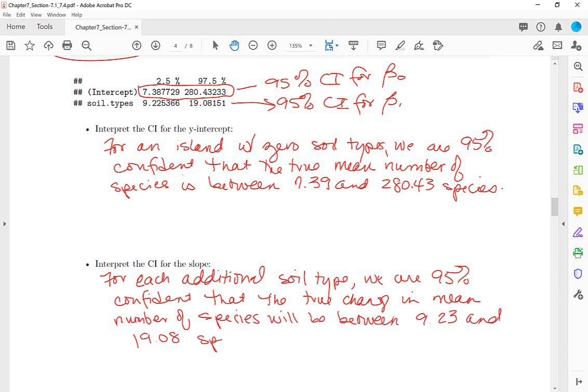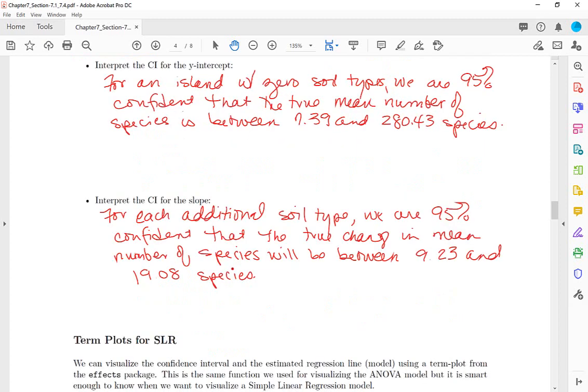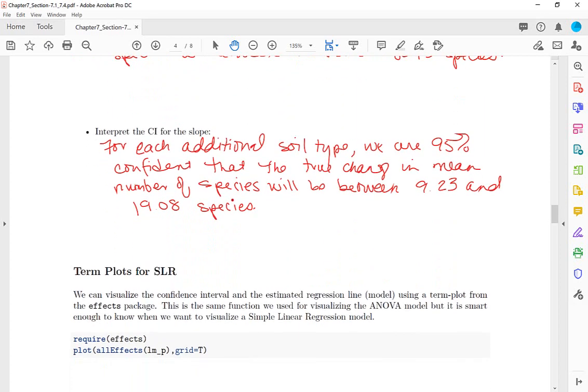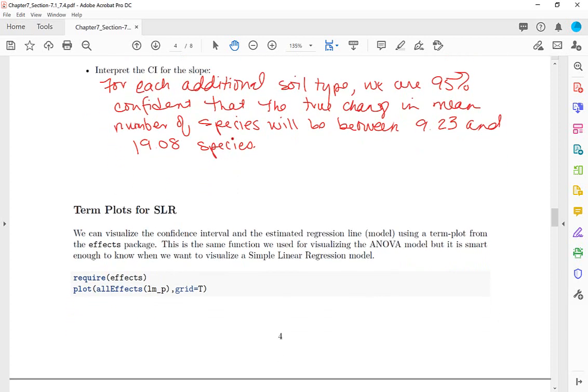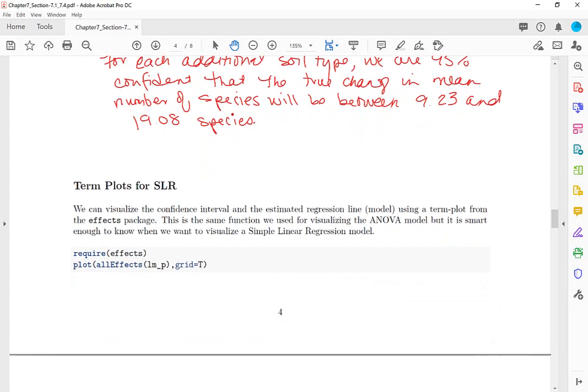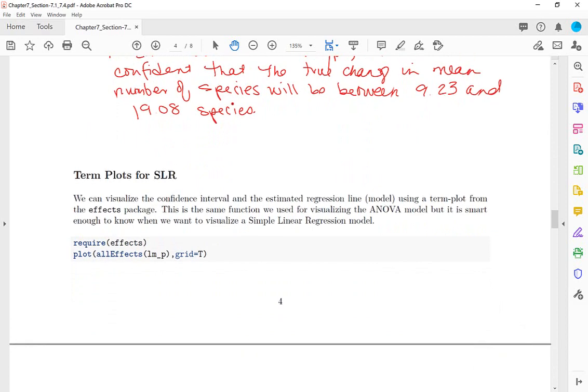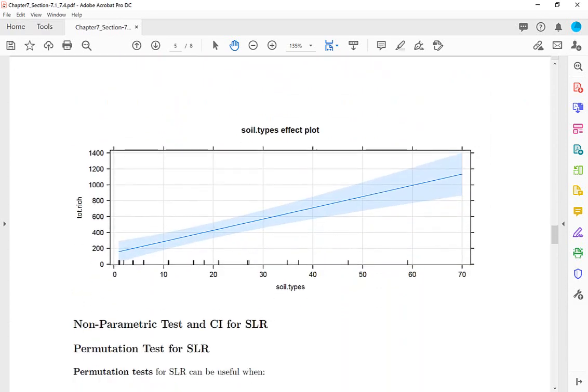We can also visualize the confidence interval and the estimated regression line using a term plot from the effects package. This is the same function we use for visualizing the ANOVA model, but it is smart enough to know when we want to visualize a simple linear regression model.